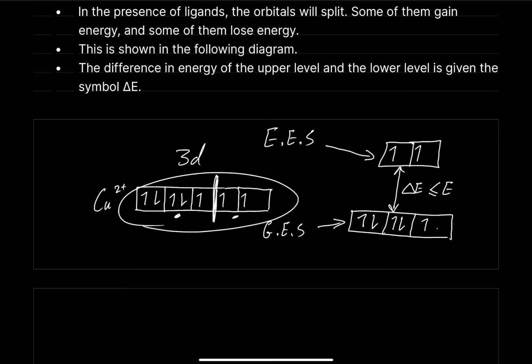For example, copper 2 plus. I'm going to use the example in solution, where copper 2 plus is copper hexaaqua, and copper hexaaqua actually absorbs yellow light in particular.